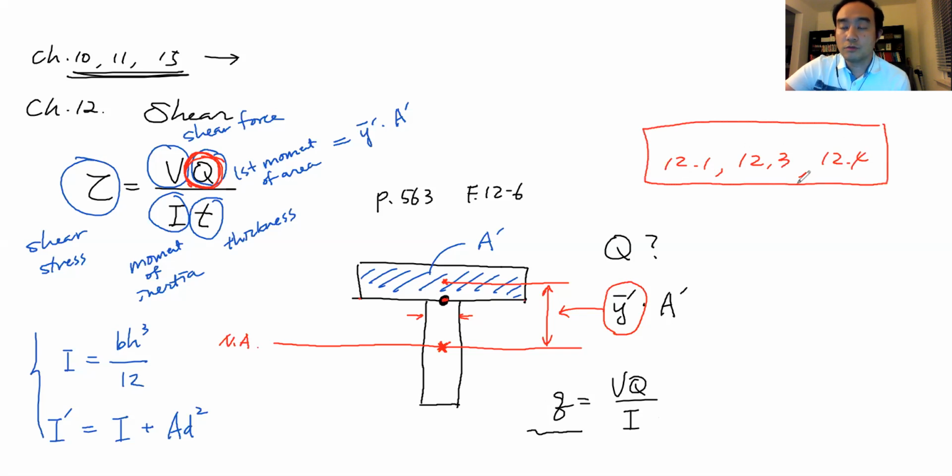The solutions to these three problems are already recorded and uploaded on Blackboard, so you can go through those video clips again. These are the example problems in the textbook, plus entertainment package problems. So this is the main topic of chapter 12. Let's move on to the next one.